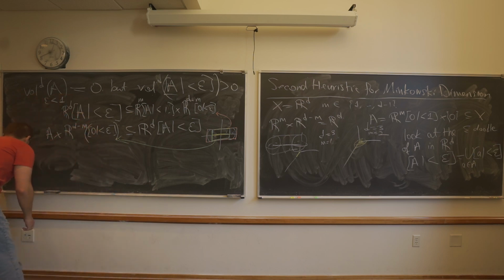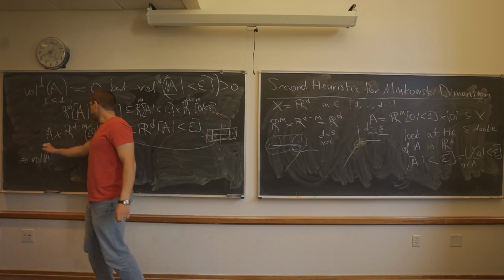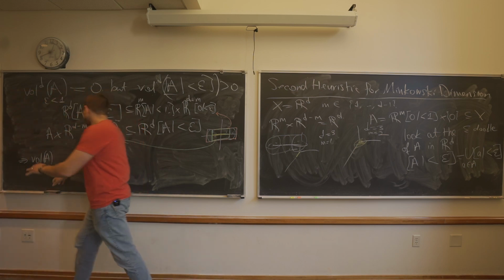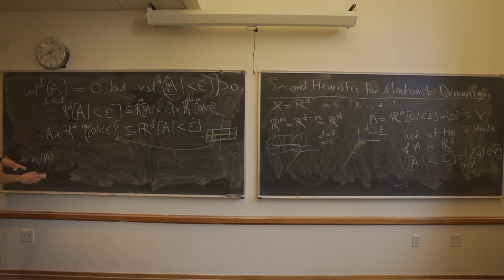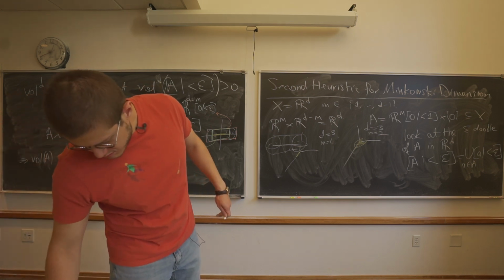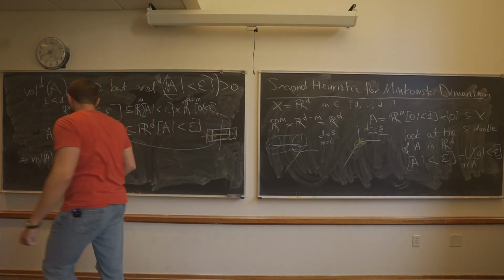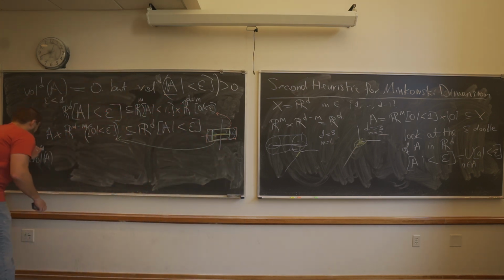So volume of A, so I'm computing the volume of this thing. Oh, sorry. Maybe I want something different. Give me a second. It's okay. This is the m-dimensional volume.